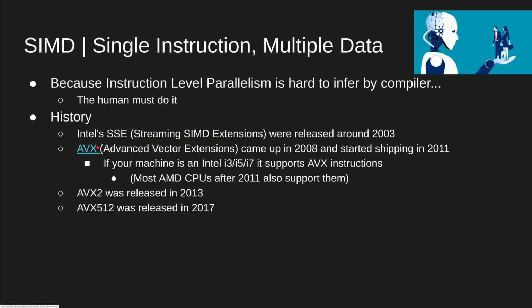And now they have the Advanced Vector Extensions, the same sort of family, AVX and AVX512. These are the instruction sets that let us do things in parallel. A little fun fact, I worked on this while I was at Intel in 2016.